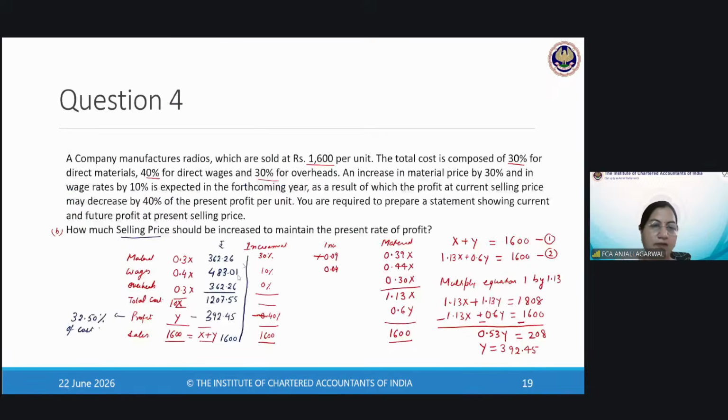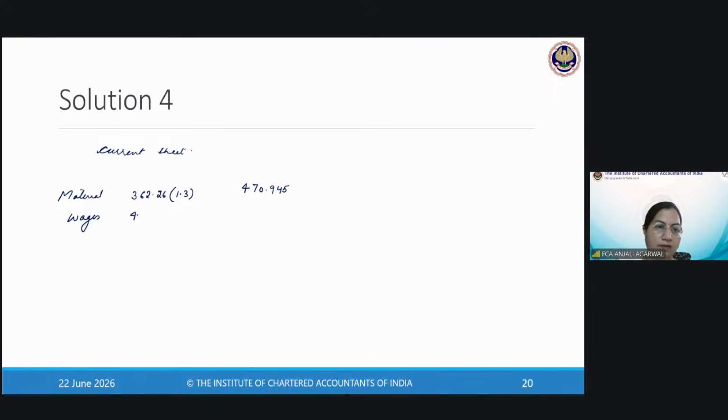Wages were 483.01. This has increased by 10%. It will become 531.311. Overheads remain the same. So the total cost now is this much.